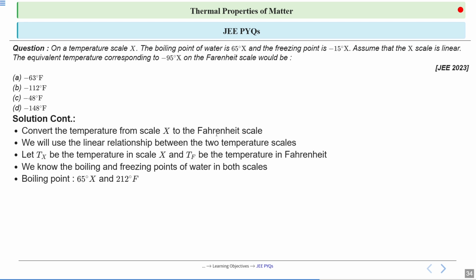Boiling point is 65 degrees X and 212 degrees Fahrenheit. Similarly, freezing point is minus 15 degrees X and 32 degrees Fahrenheit. You know, on the Fahrenheit scale the lower fixed point is 32 degrees Fahrenheit and the upper fixed point is 212 degrees Fahrenheit.